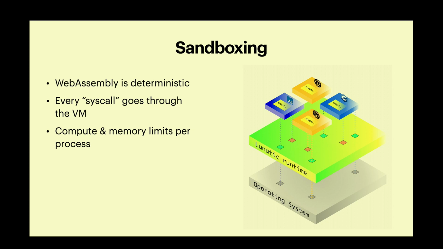You can even give memory limitations. For example, if you model a web server where each request is a new process, you can say this request can only execute 100 million WebAssembly instructions and use 5 megabytes at max. If it exceeds this limit, it will just crash. So you can build really interesting safe abstractions on top of it.